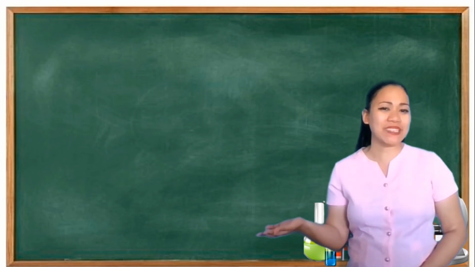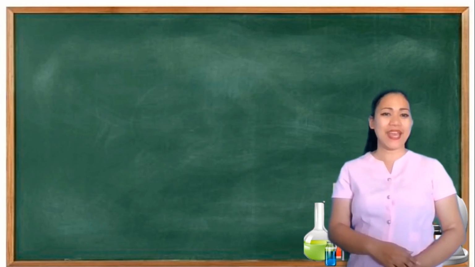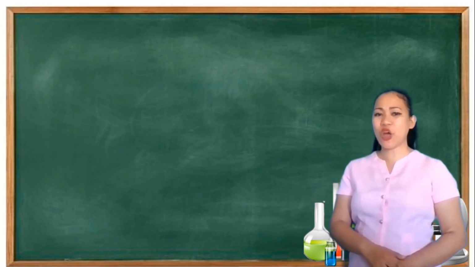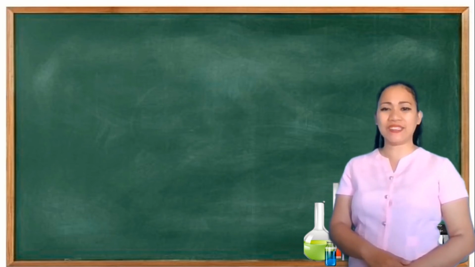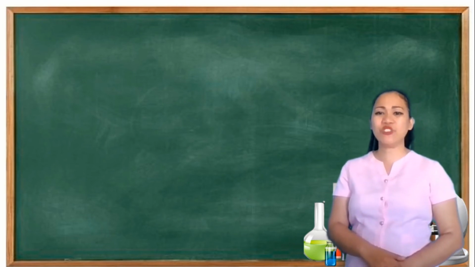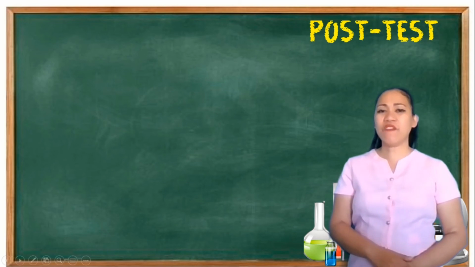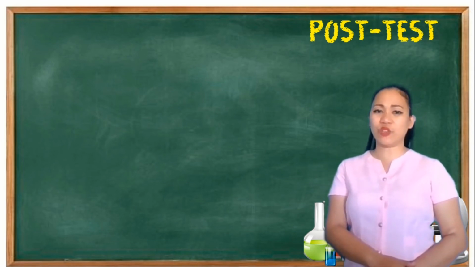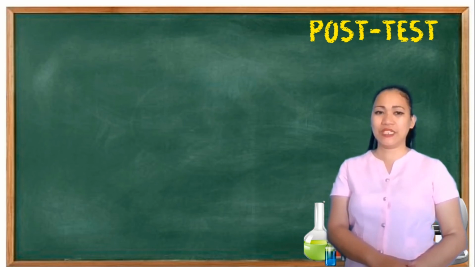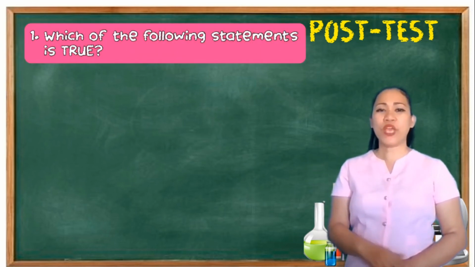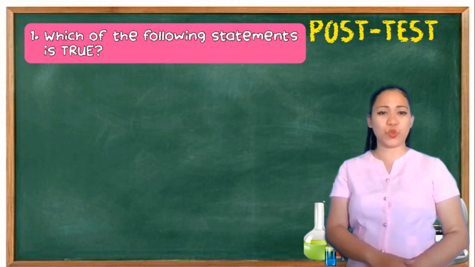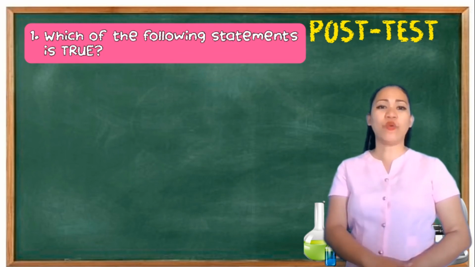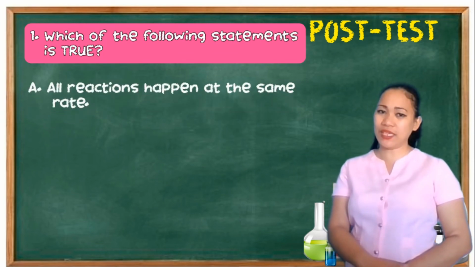How was the activity? Is it fun? Now, let us know what you have learned from the lesson by having a short quiz. I'll be giving 5 questions. You have to choose the letter of the correct answer. First, which of the following statements is true? A. All reactions happen at the same rate.